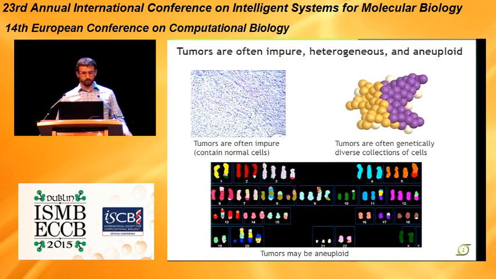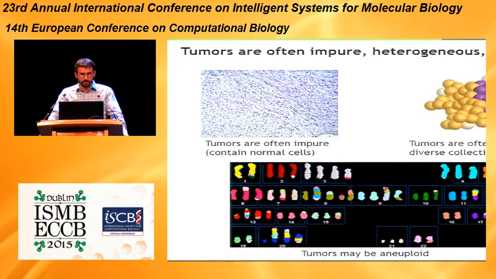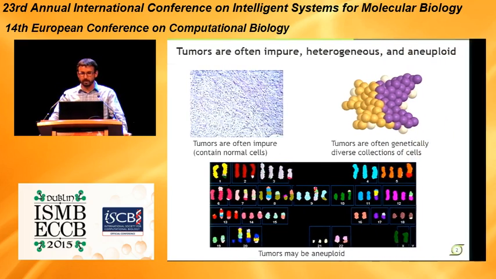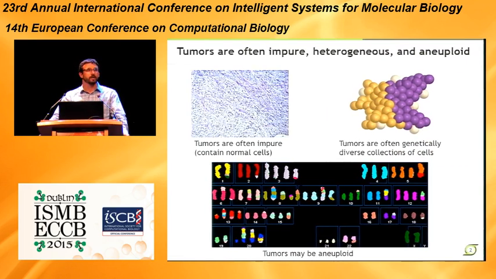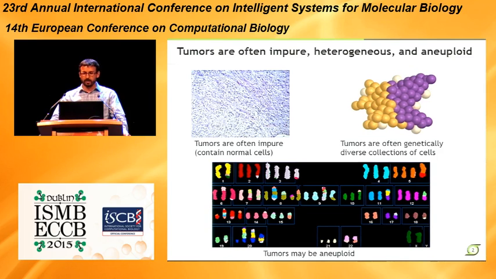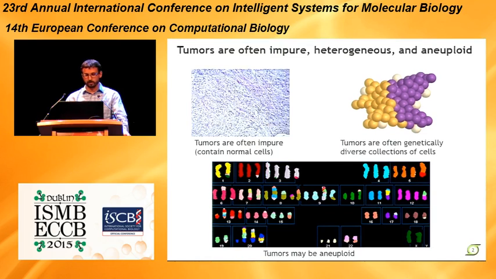And the reason that we're stepping back and thinking about this from first principles a bit is because of this rather obvious observation that tumors are often very impure, often heterogeneous, and often aneuploid. And each of those things really complicates sequencing. Your tumors often contain normal cells, and that reduces the signal that you're looking for, which is mutation.